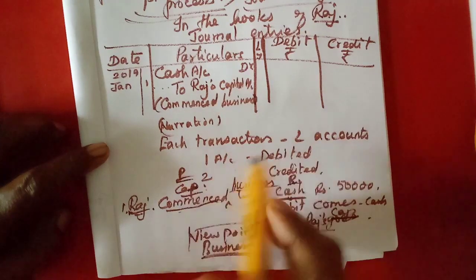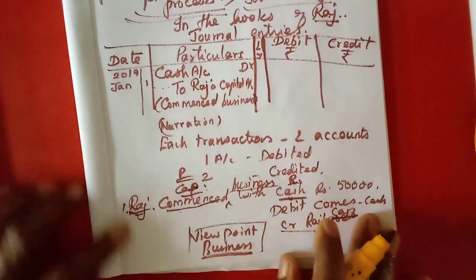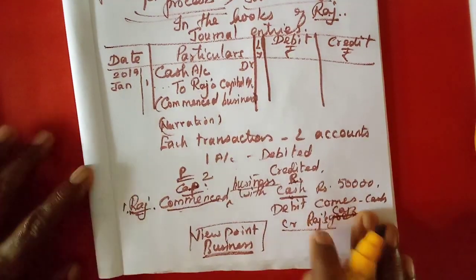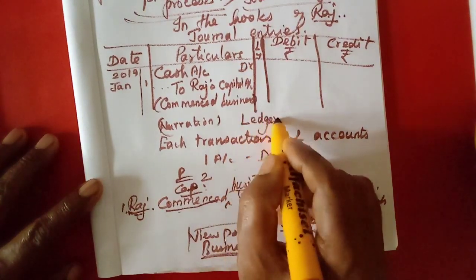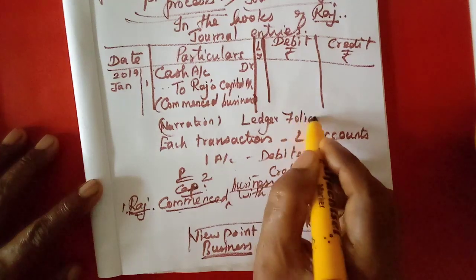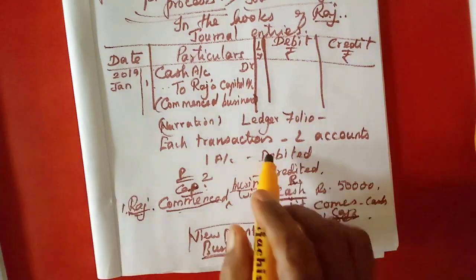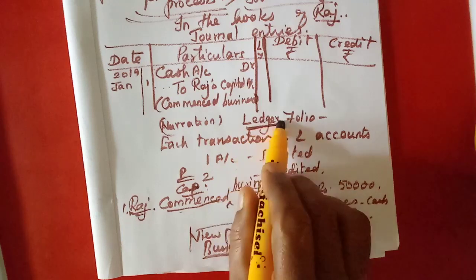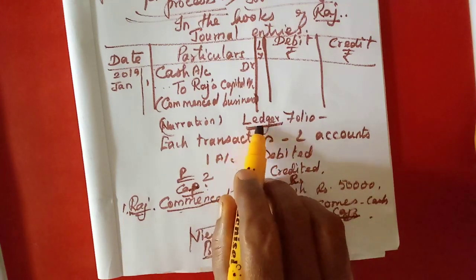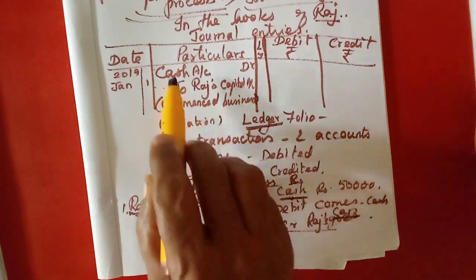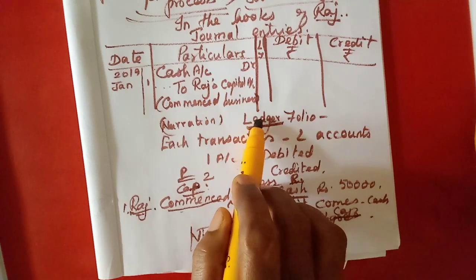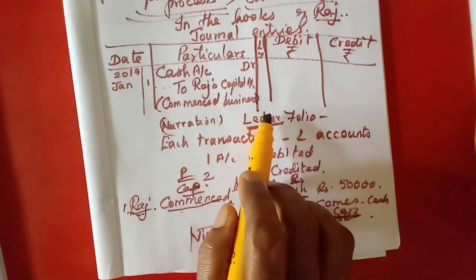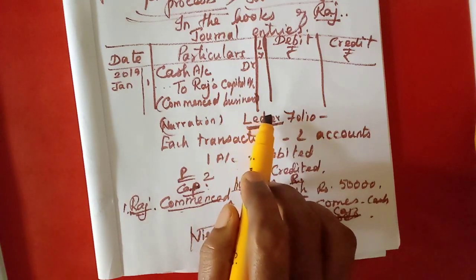What is the meaning of the LF column? It is called ledger folio. This ledger we are going to learn in the next chapter. Ledger means one big book, like the big book in which your teachers write the marks.